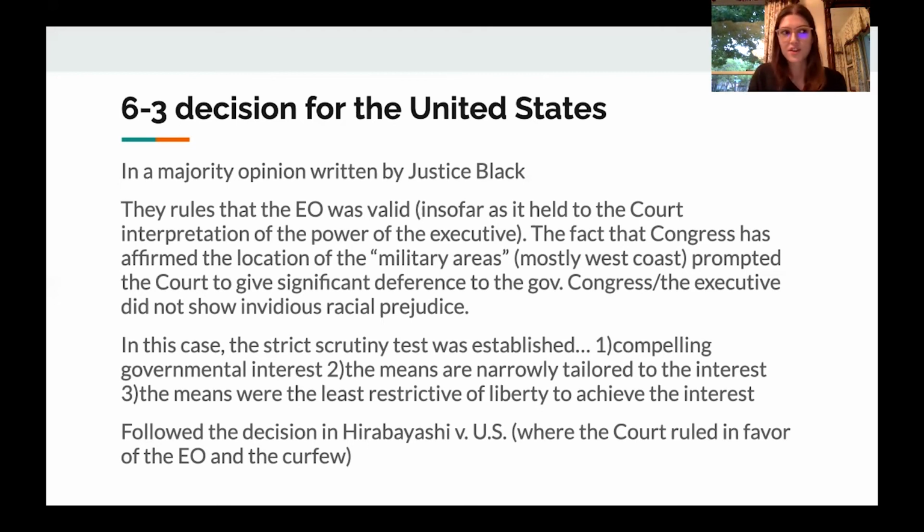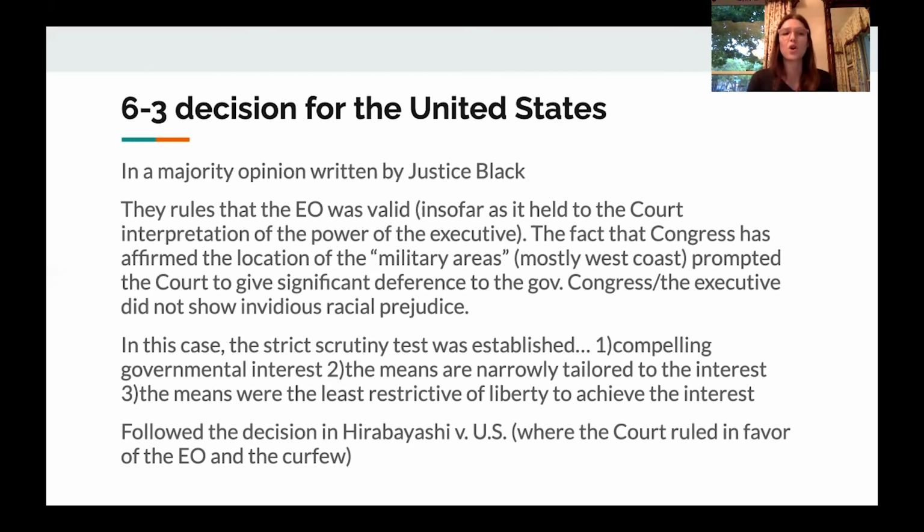So the thing about least restrictive means is that if the governmental plan in which there's this violation of liberty is not working, it does not pass least restrictive means, because it would not be least restrictive if it's not working, because it's not covering the governmental interest.